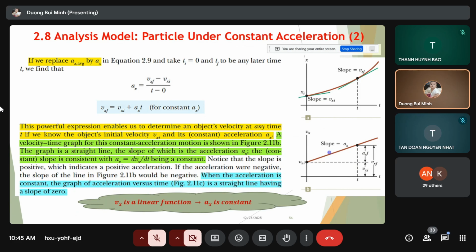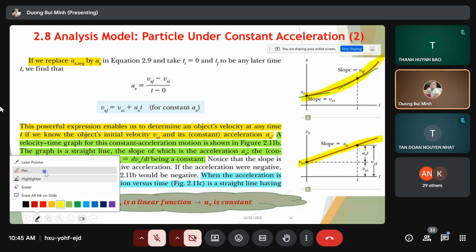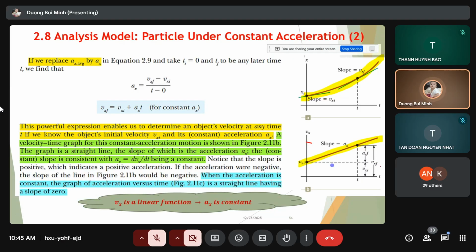Now look, as mentioned before, if Vx is linear, x should be non-linear. It depends on Vx. Vx may be like this, or Vx like this, so we have the curve x like this.